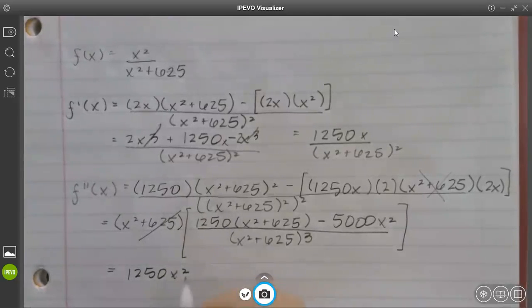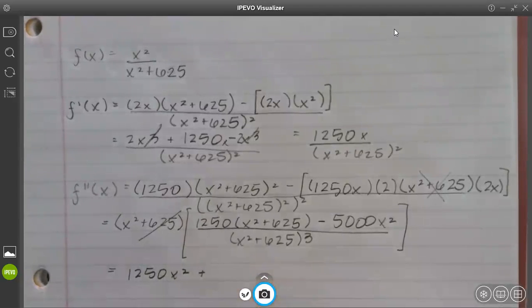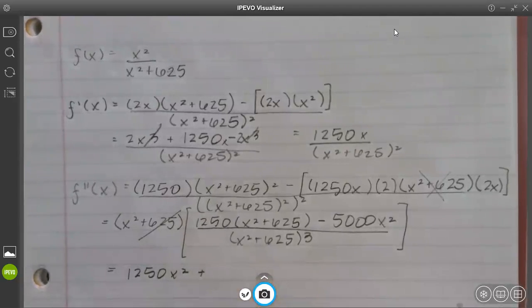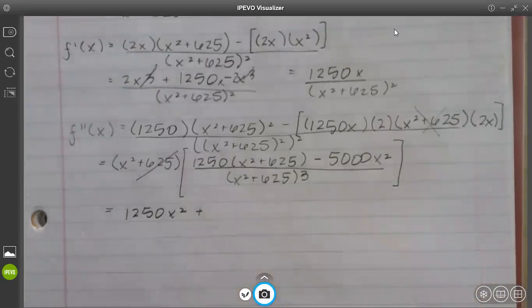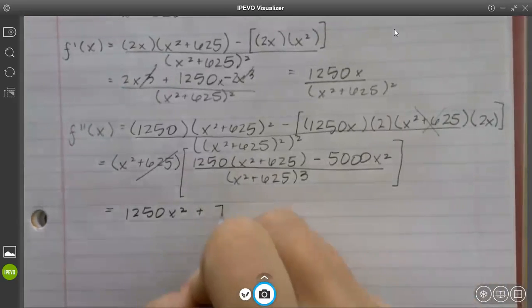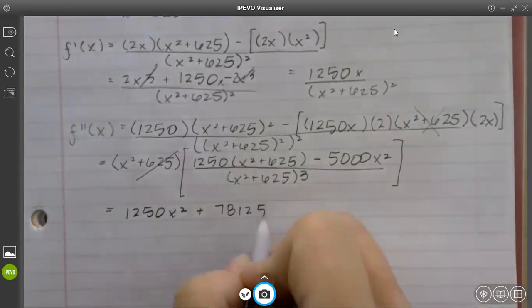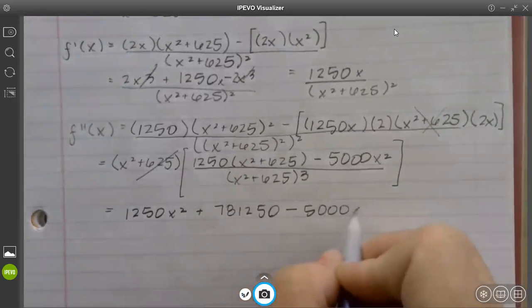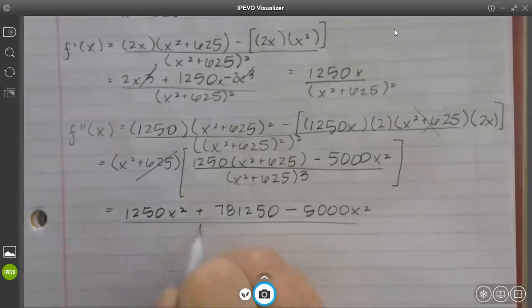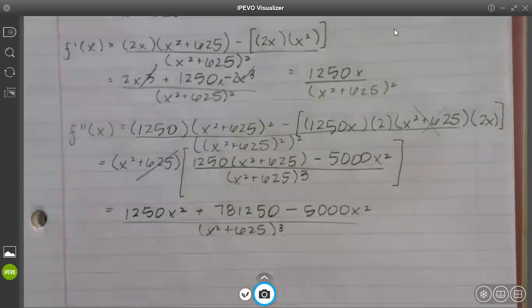What is 1250 times 625? 781,250, minus 5,000 x squared over x squared plus 625 to the third.